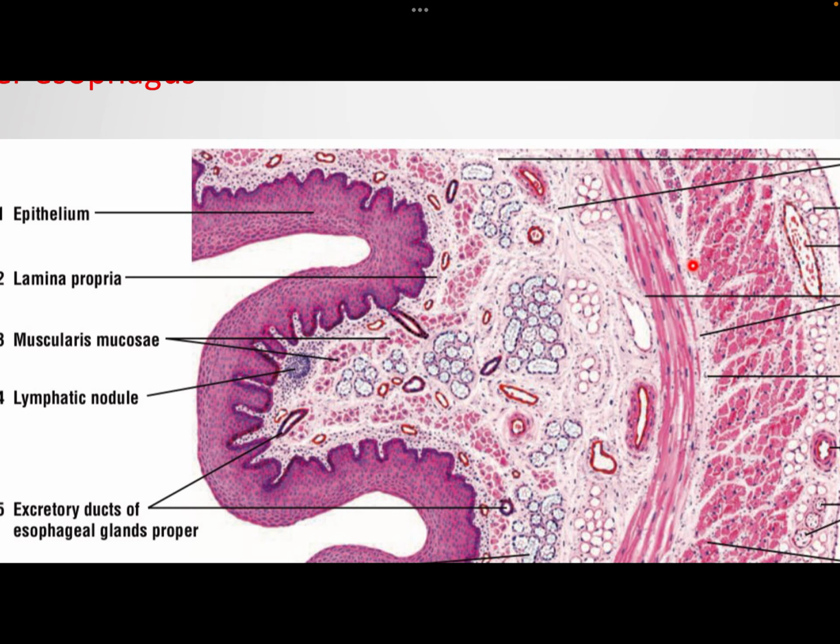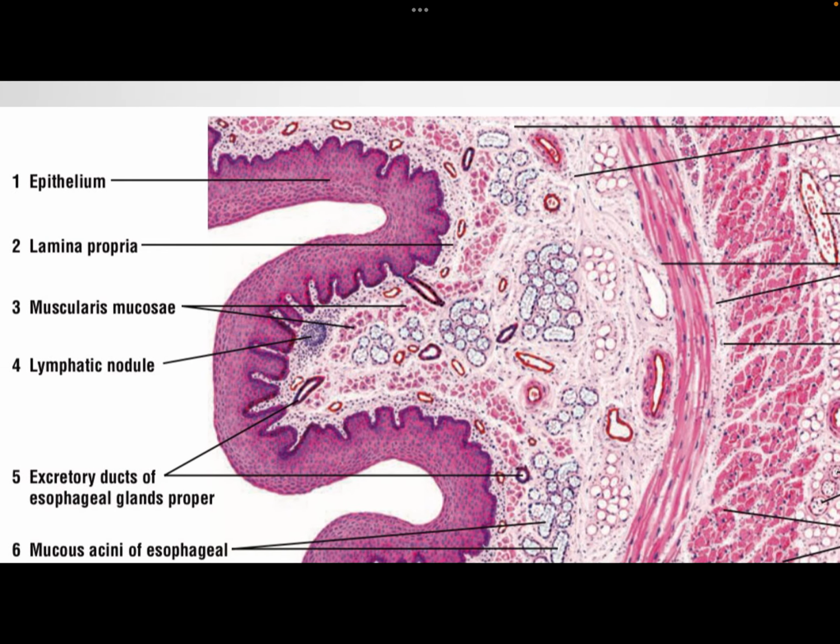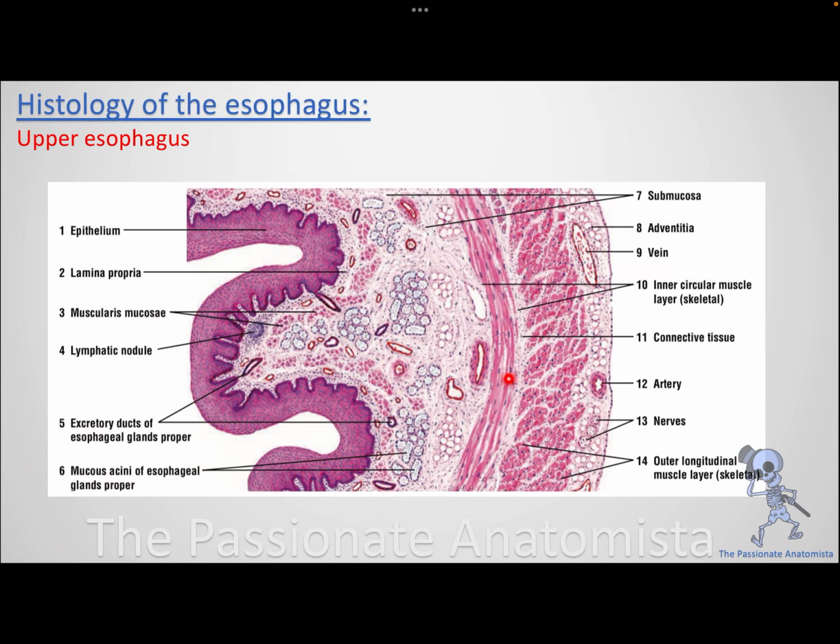Because these are skeletal muscles, and how to differentiate between skeletal and smooth muscle, again, that needs to be in another histological video to explain the basic components of general histology. But these are skeletal muscles, and with that you will know that this is an upper part of the esophagus, because in the upper third the muscles are skeletal, in the middle third it's mixed, and in the lower third it's smooth.